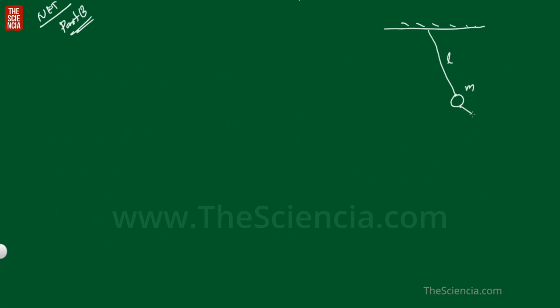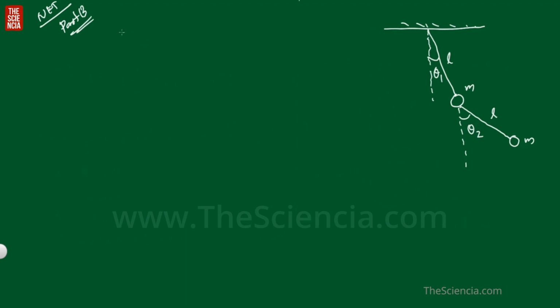Another pendulum is attached to it, with mass m and length L. From the vertical axis the angle is taken as theta 1, and for the second pendulum the angle is taken as theta 2.